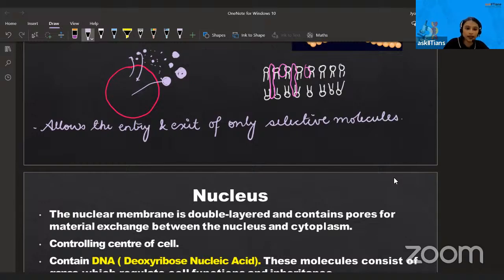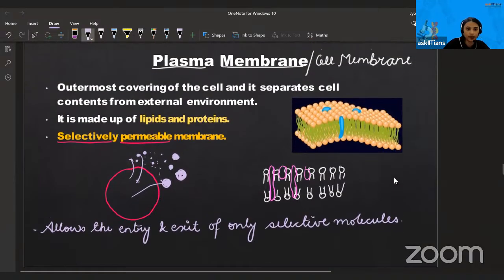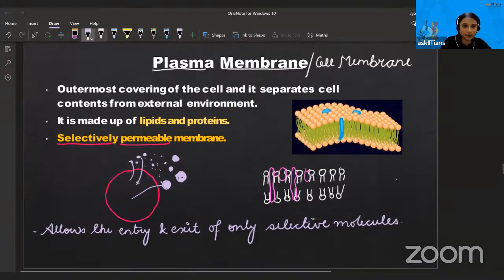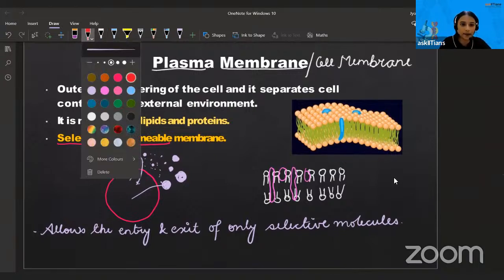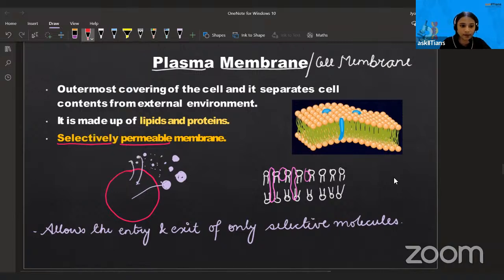That's why I'm saying it is selectively permeable.